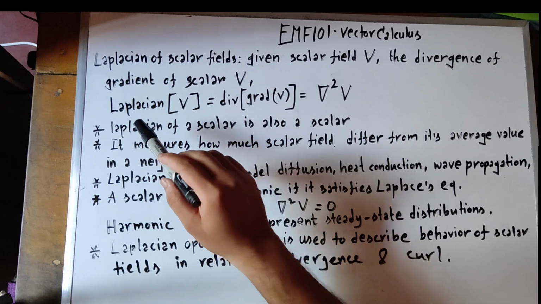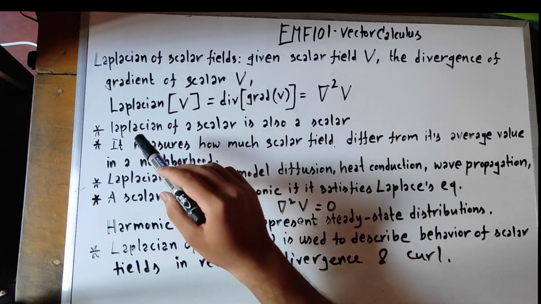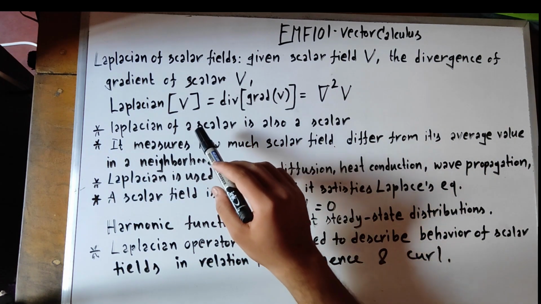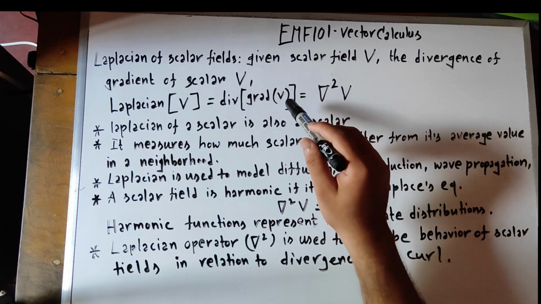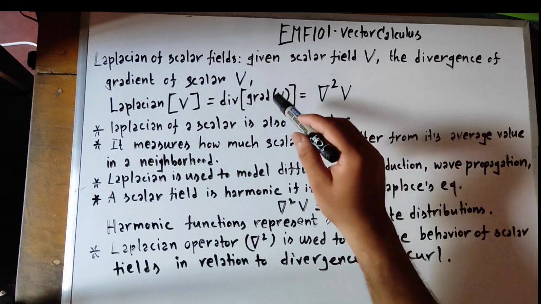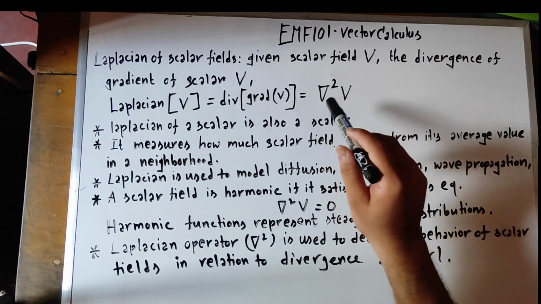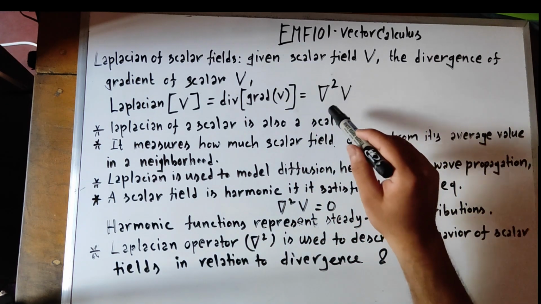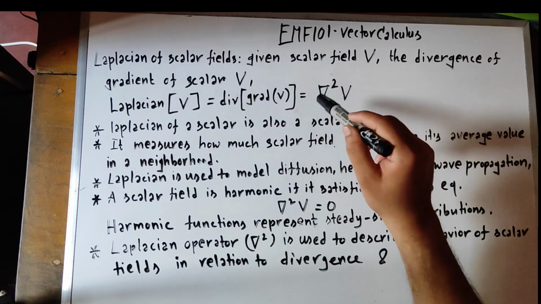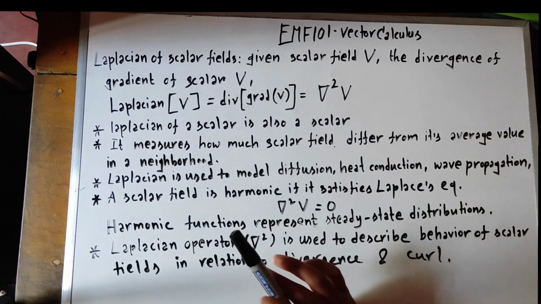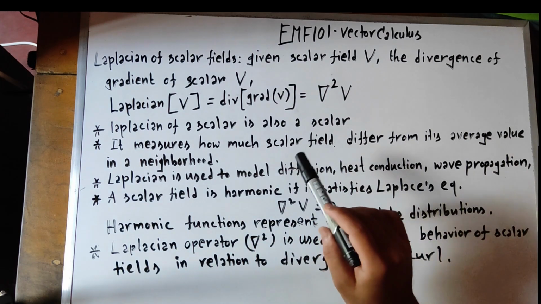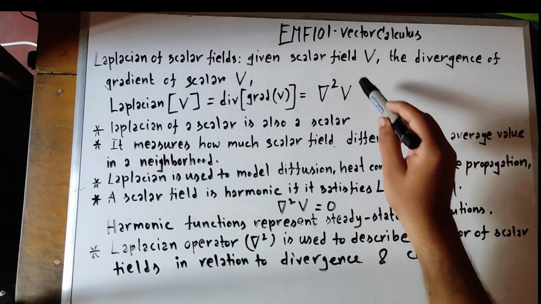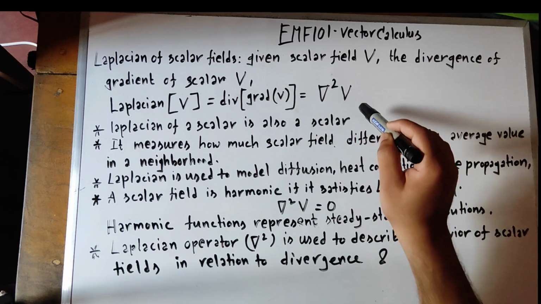It is mathematically expressed as the Laplacian of the scalar, which is equal to divergence of gradient of V, which equals del square V, or nabla square V. In summary, the Laplacian of a scalar is also a scalar.